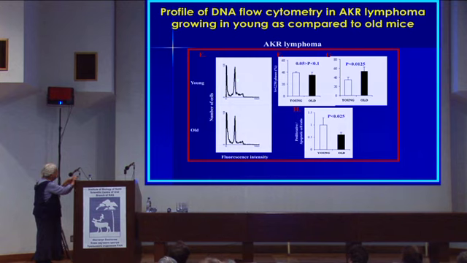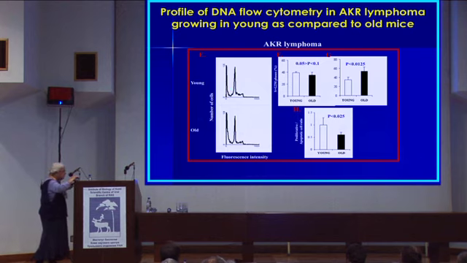You can see that the G2M fraction is larger in tumors from young mice than in those from old. But on the contrary, the fraction of apoptotic cells is larger in old than in young mice, and this is seen as well quantitatively.